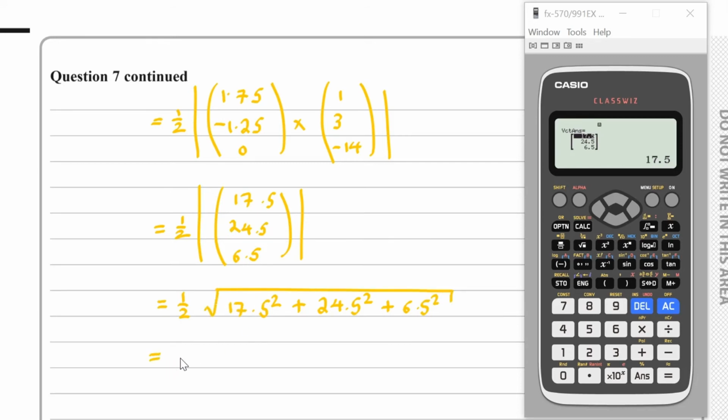So working this out, we have the absolute value of this, and then if I times this by 1/2, we end up with 15.4008, etc. So let's store this into A. Okay, right, so that was that vector.